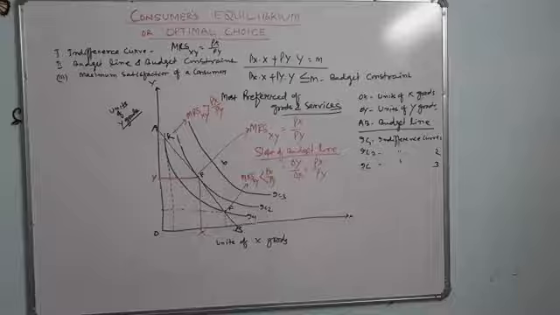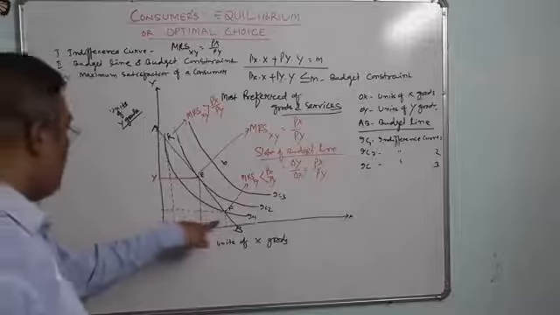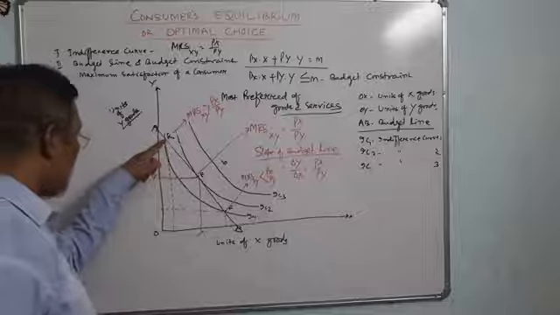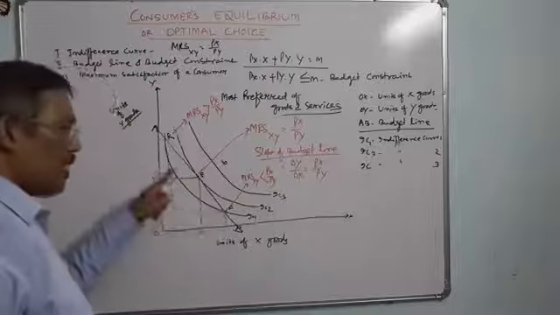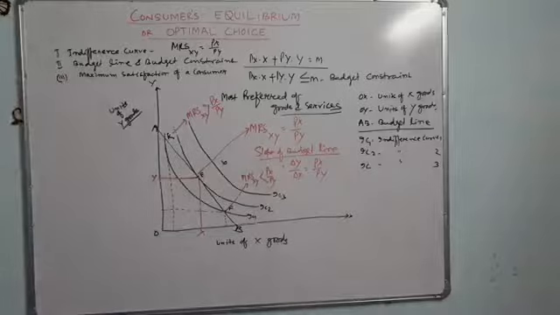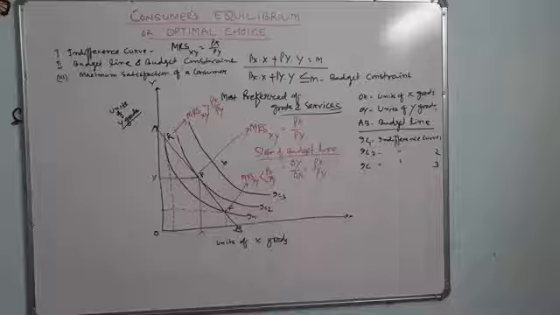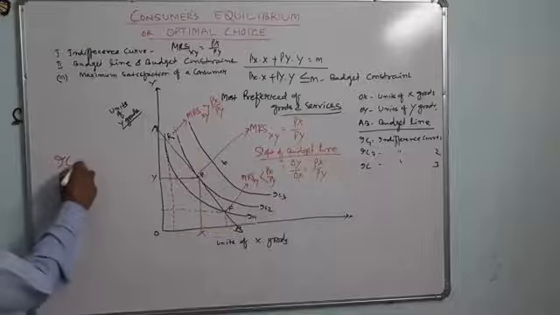That is why, with indifference curve 1 touching the budget line at R and F, the rational consumer will not prefer these points. He would be on a lower indifference curve if he preferred R and F.